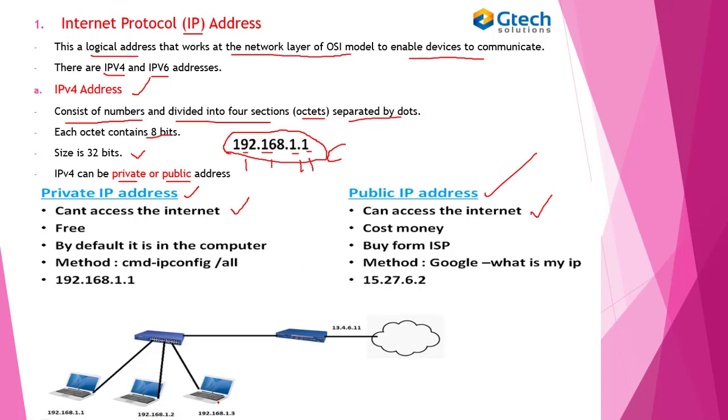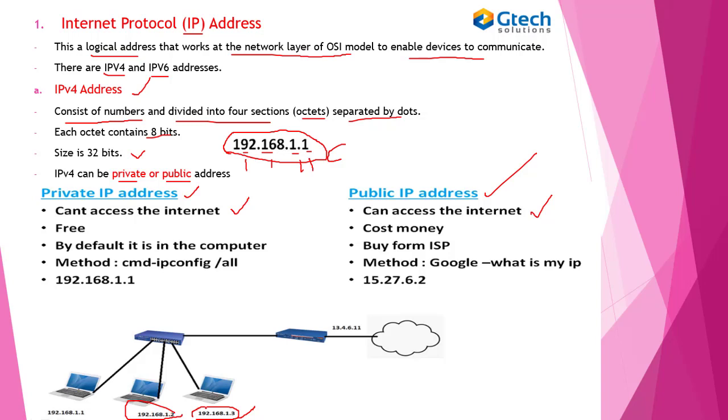For example, in the diagram below, this is a private IP address. The private IP address is that IP address that is assigned or configured to a computer either manually or dynamically. So in this case, these are our private IP addresses.